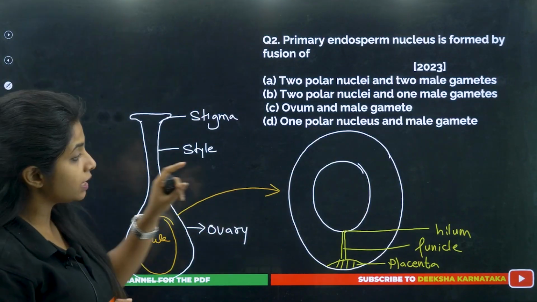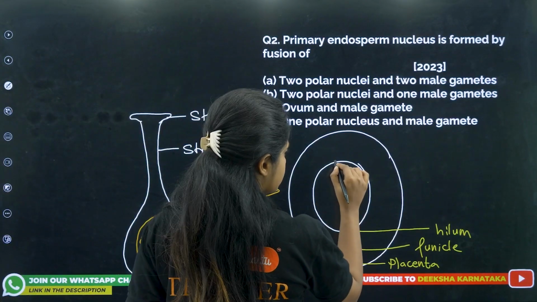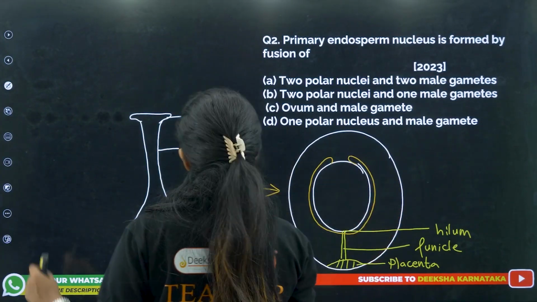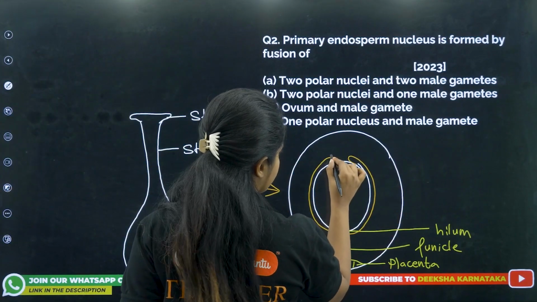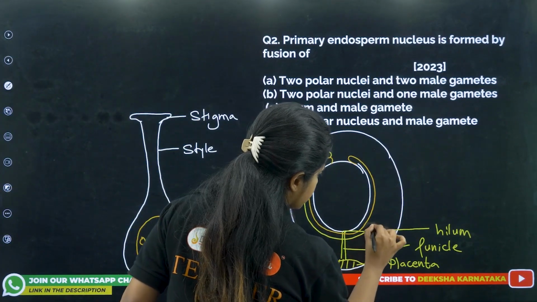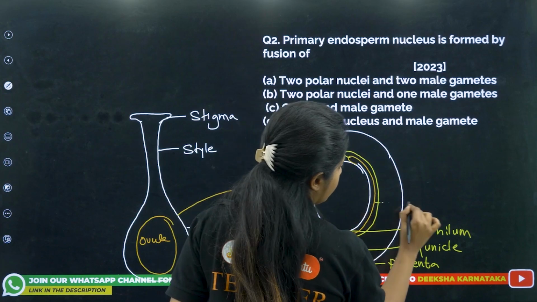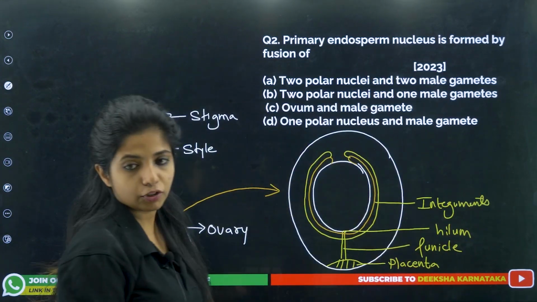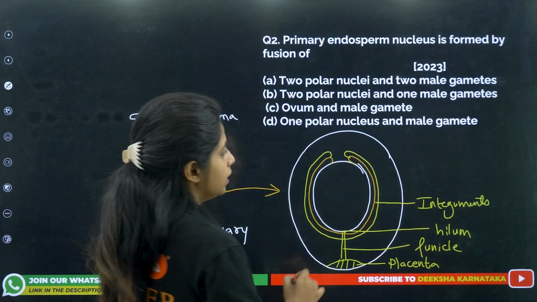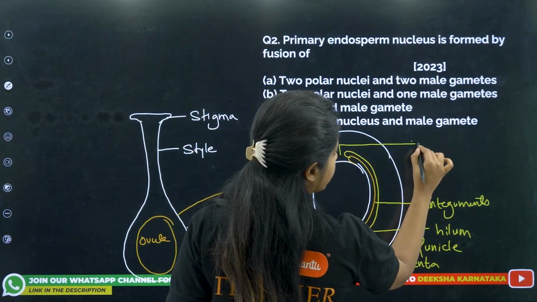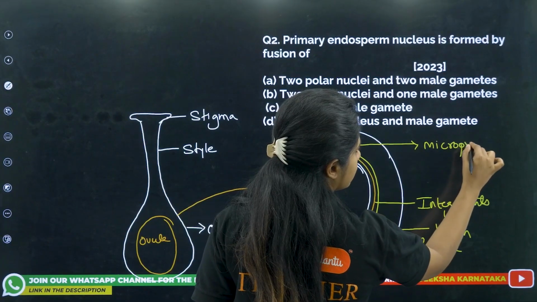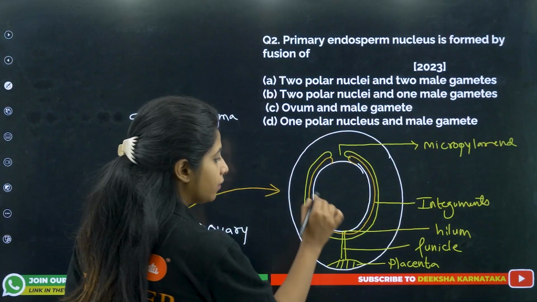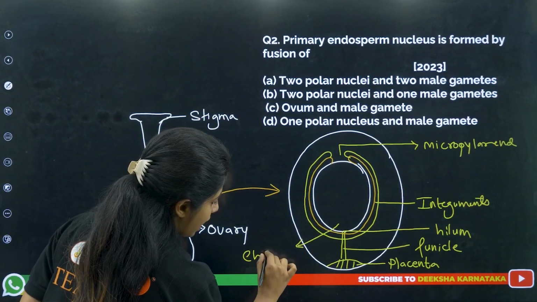Now, the ovule is surrounded by two protective layers, known as integuments, which are there for protection. This end is open. This open end, I will call micropylar end. The opposite to micropylar end is known as chalazal end.